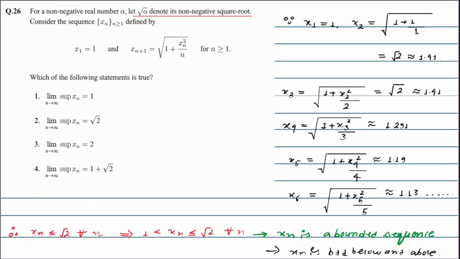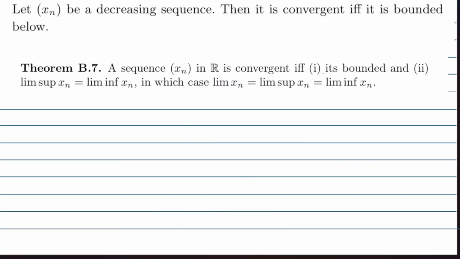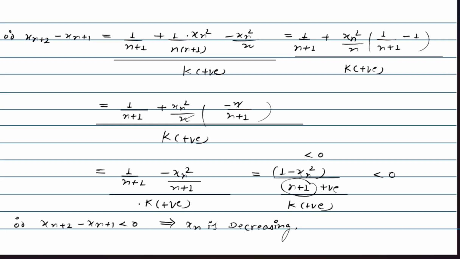Now we need to know a theorem which says that if xn is a decreasing sequence, then it is convergent if and only if it is bounded below. So I am using this theorem here, and decreasing plus bounded below, as we know that.